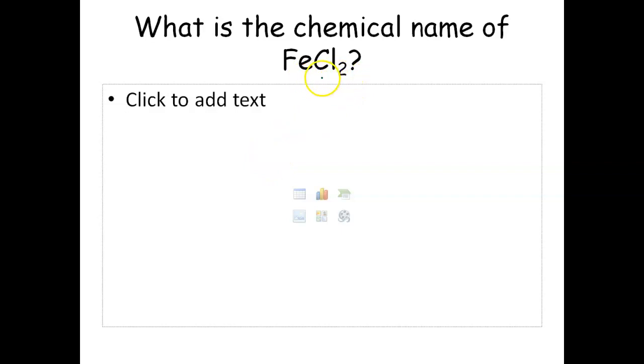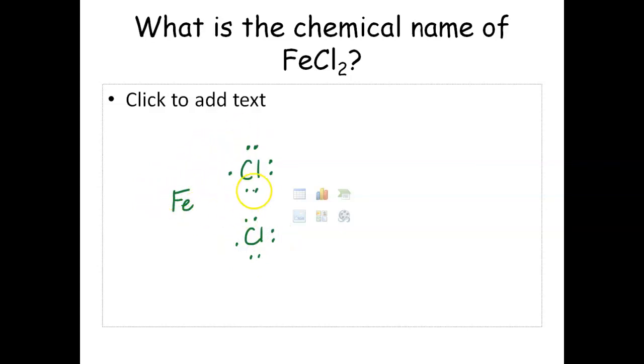This chemical formula tells me I have 2 chlorines for every 1 iron. So let me draw those 2 chlorines. All right, and I have 1 iron.